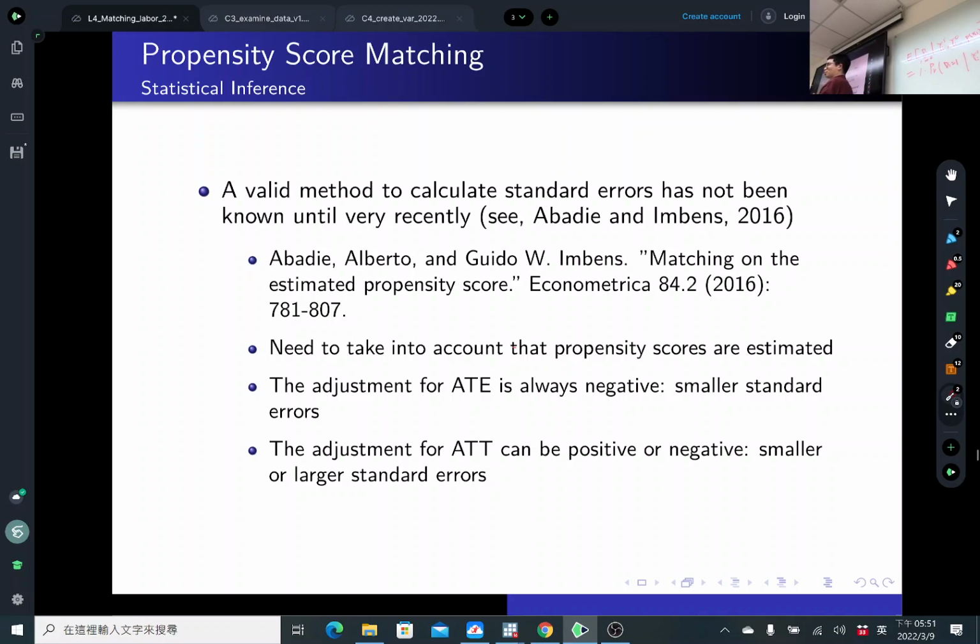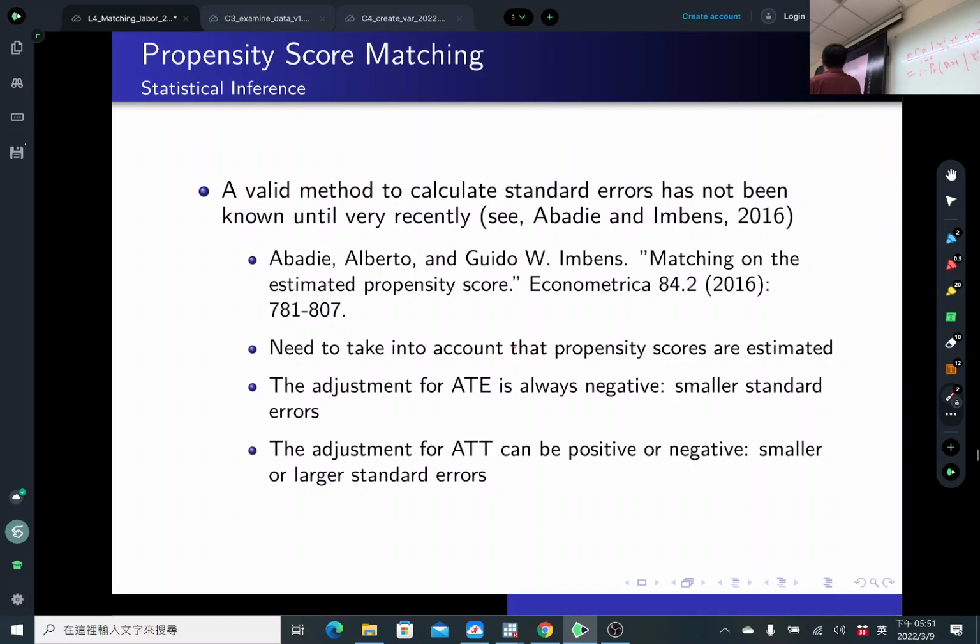Otherwise we don't really know. The problem before was that the propensity score is actually an estimate. They took this real problem into account. Considering that it is an estimated quantity, there is something you need to fix when you calculate the standard error.